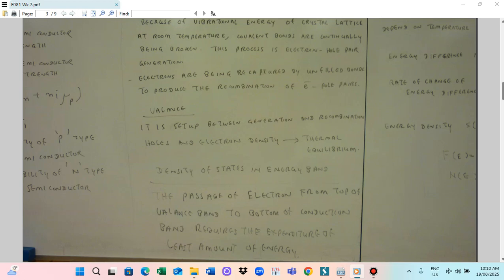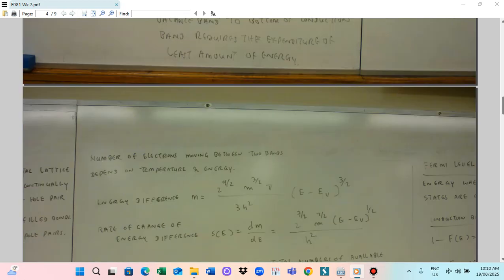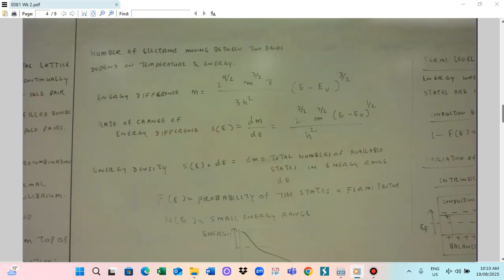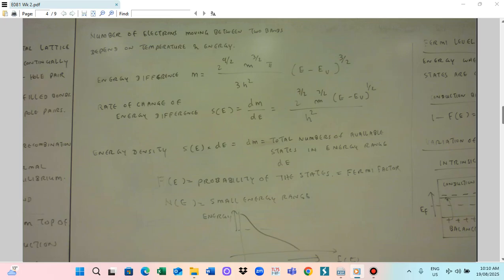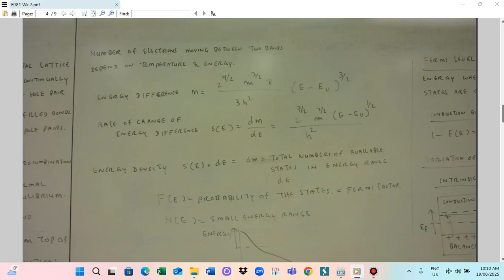The number of electrons moving between two bands depends on the temperature and the energy. How many electrons will move from the valence band to the conduction band depends on the energy as well as the temperature. This means that when we work with electronic equipment, the room temperature is important, because when the room temperature differs, the amount of electron flow will also differ.